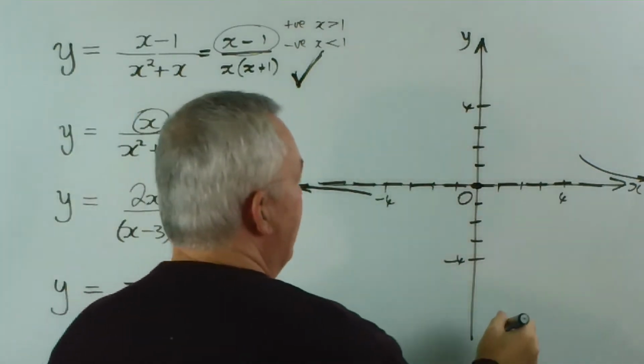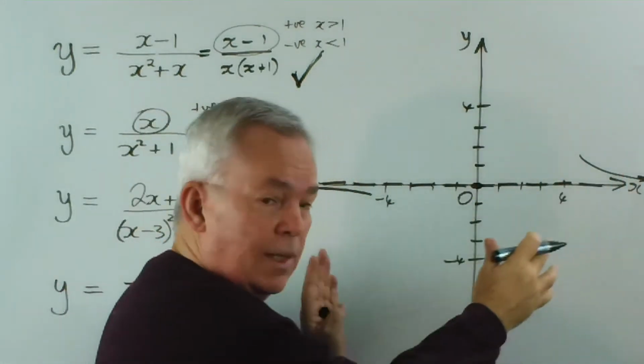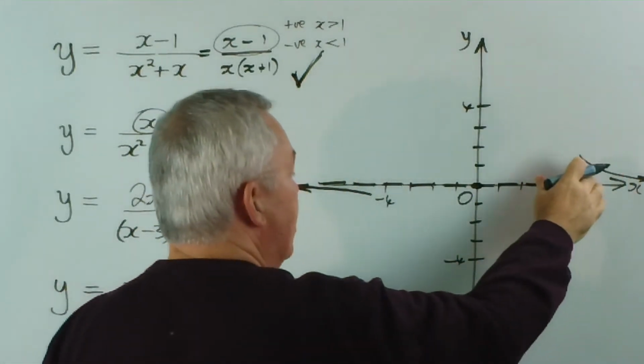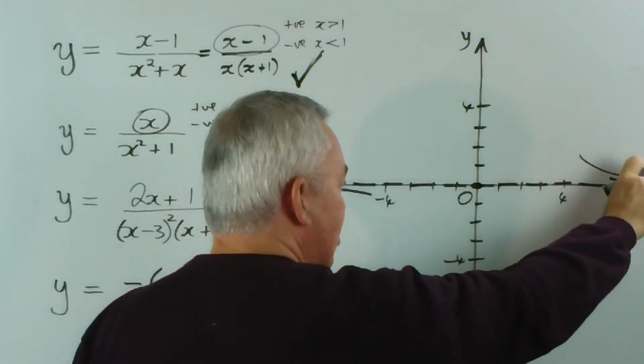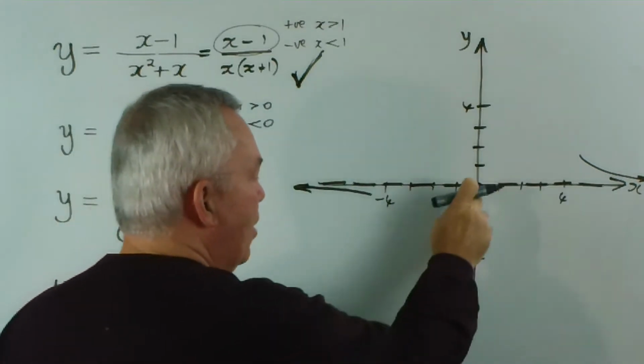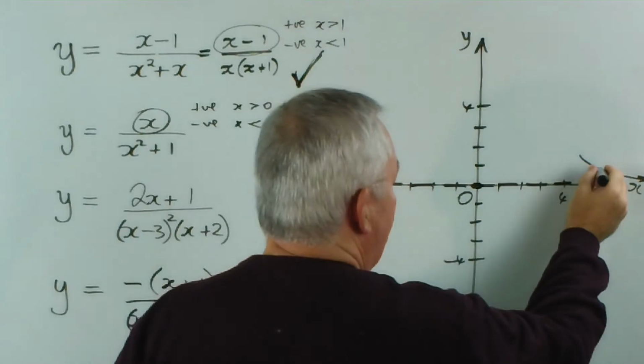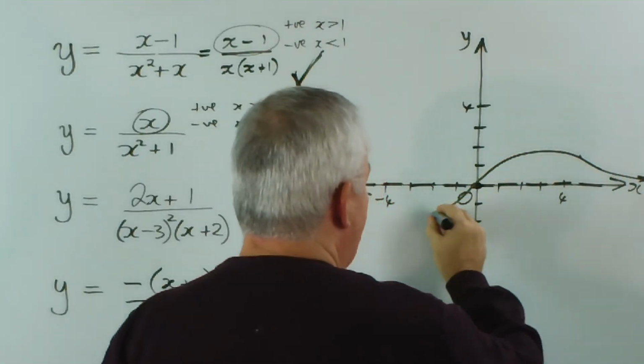Well, here we have no asymptotes, so it's got to be a continuous function. It must be asymptotic on the positive side there, asymptotic on the negative side here, and pass through that point. Well, you can see it's got to do something like that.